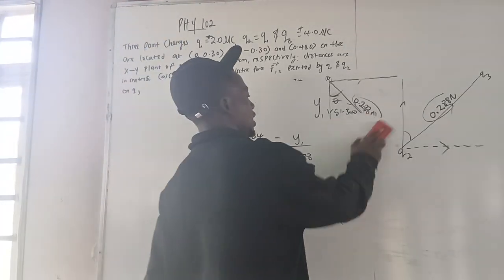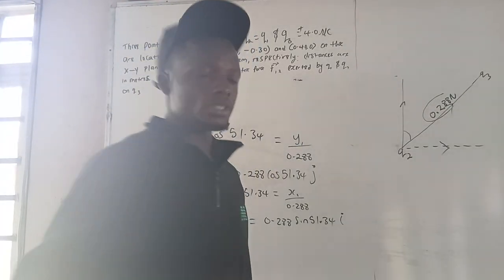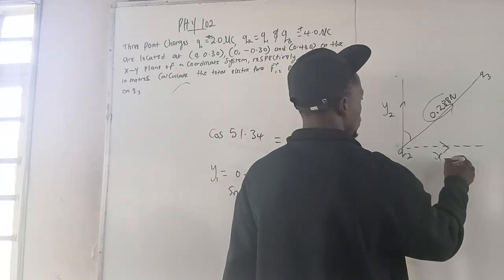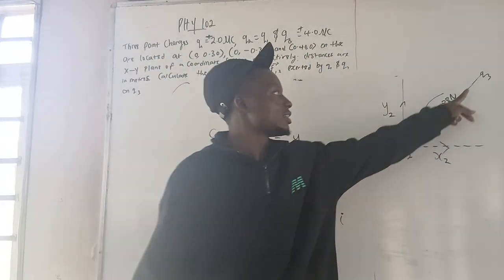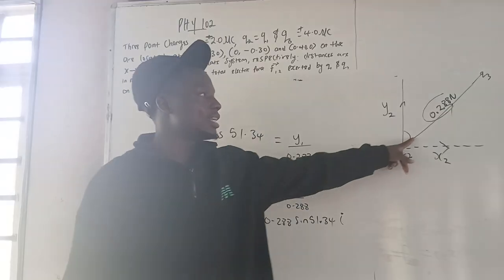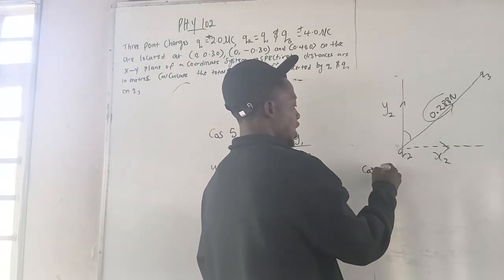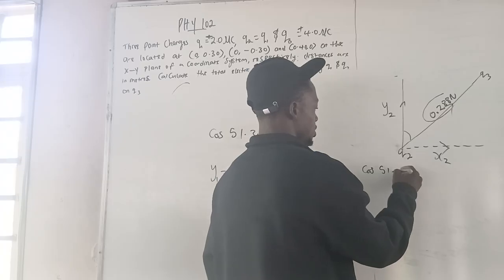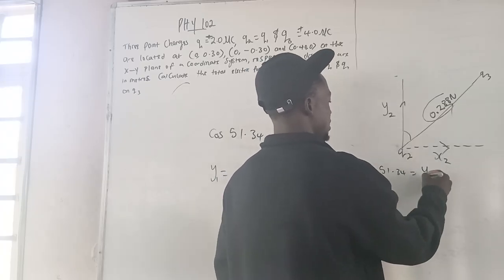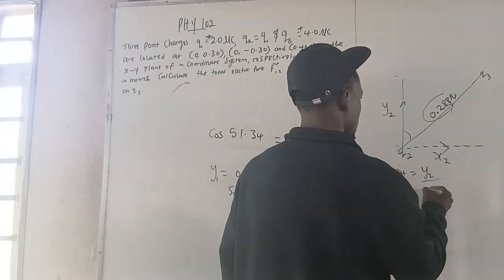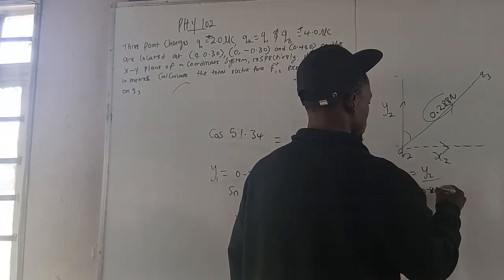Now we are done with this guy. Let's not confuse ourselves. Let me rub it. Now with this guy, this y2, this x2. Our y2 is adjacent, while the force acting on that line is hypotenuse. So our cos, the angle still remains the same, cos 51.34 equals to adjacent y2 divided by 0.288.